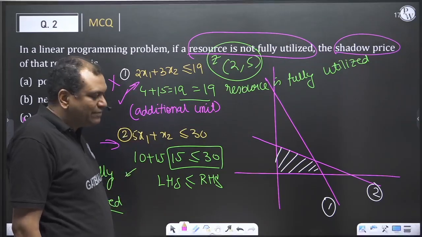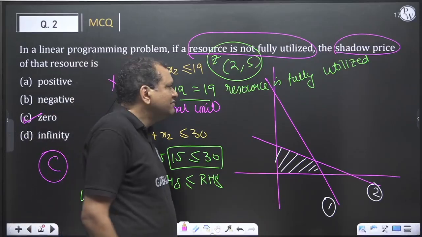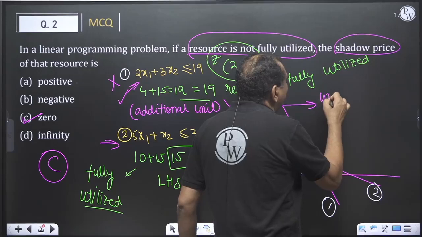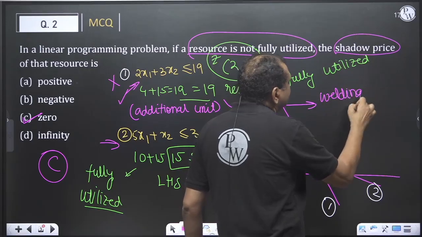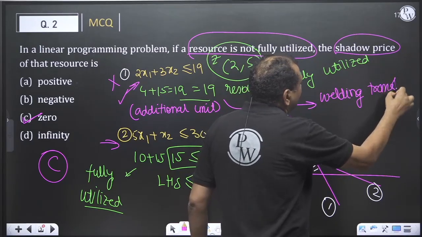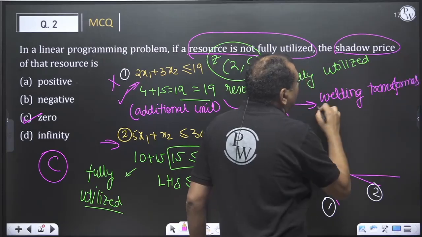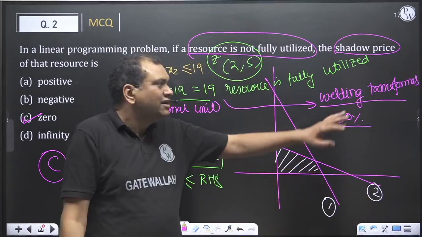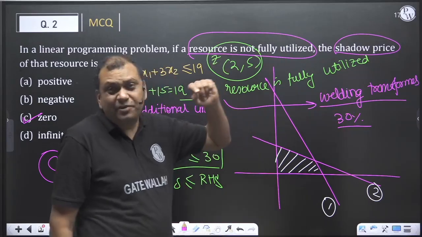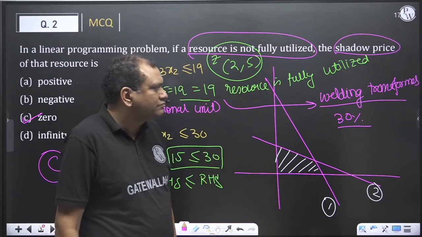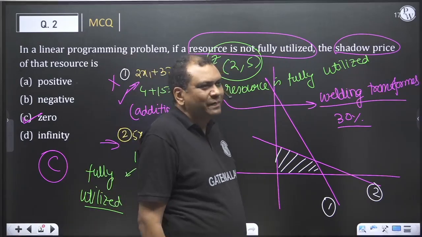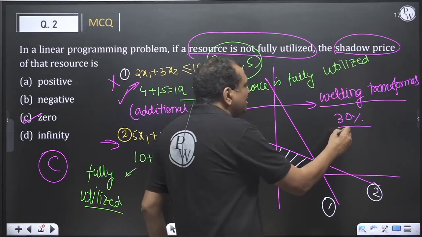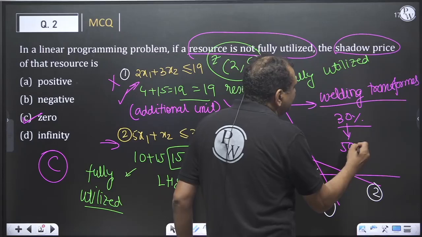I will give you one example just to give you some idea. Suppose this resource is a welding transformer. Let us say duty cycle is 30%. Duty cycle means out of 10 minutes, 3 minutes continuously I can operate this transformer. Now I have more load on the welding transformer, so this has to be increased to 50% duty cycle.